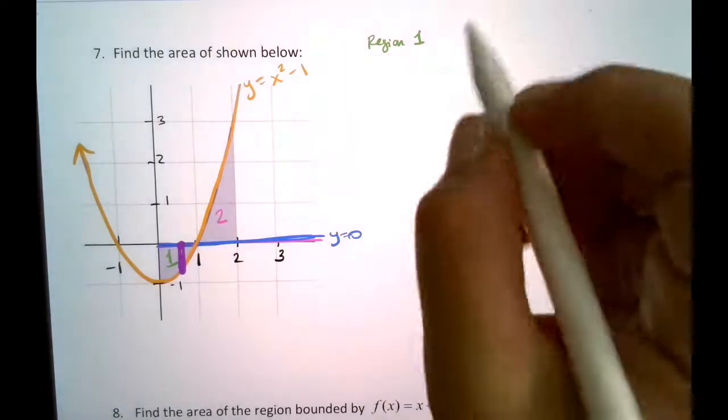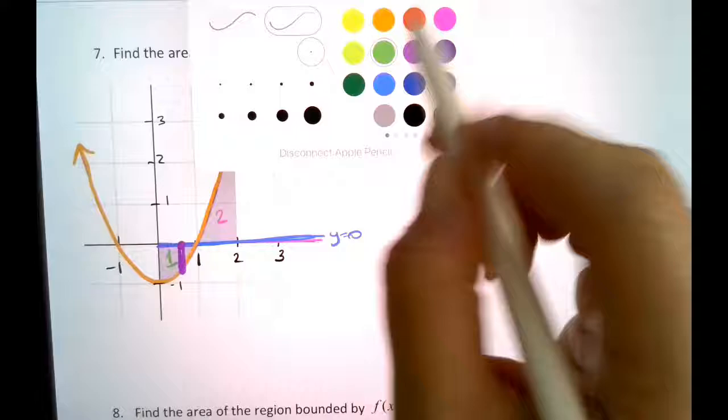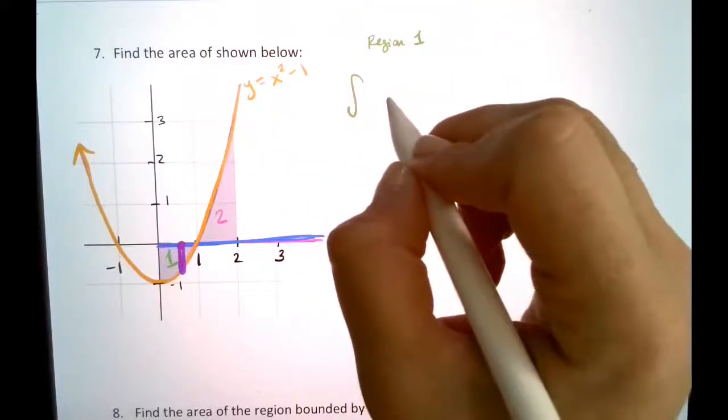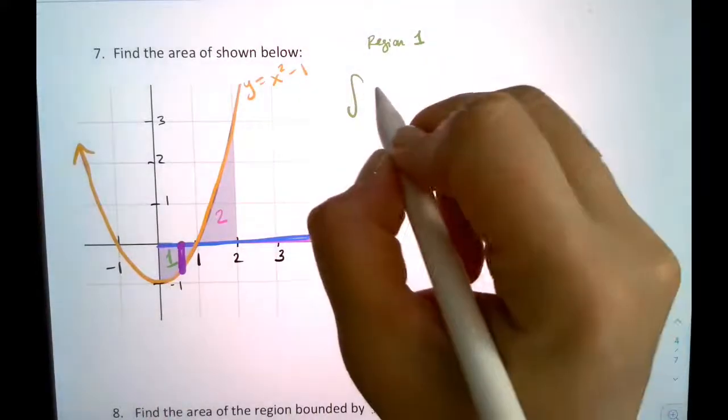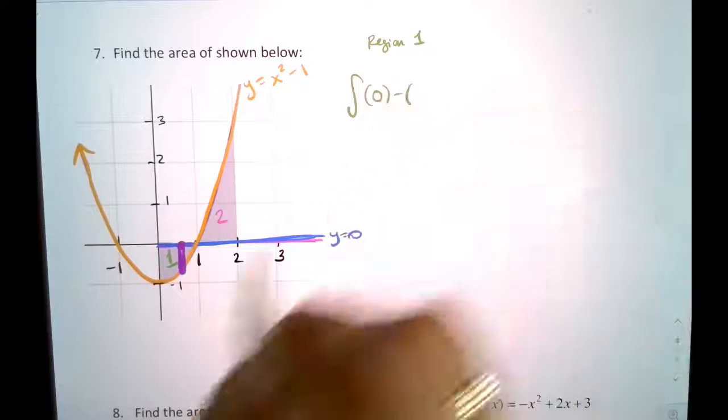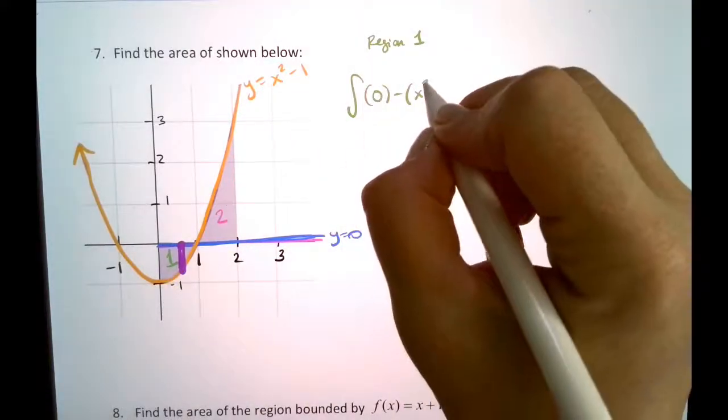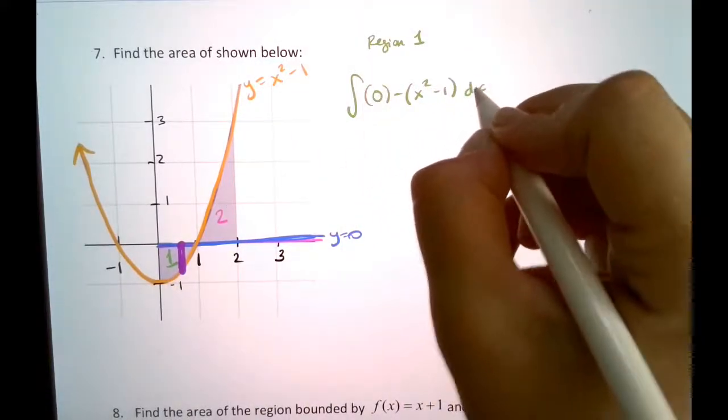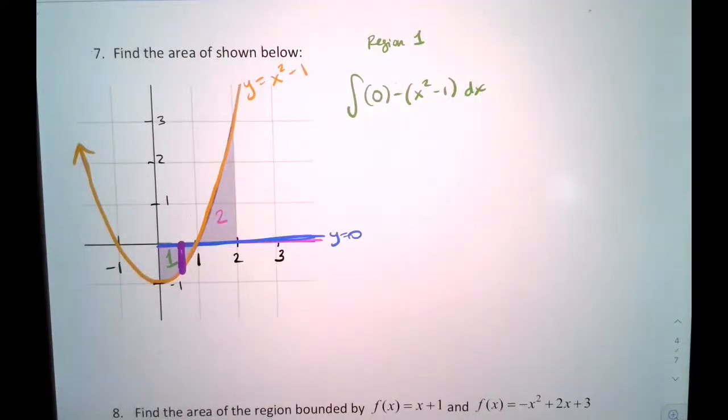I'm going to set up my integral here, and I'm going to say the top function is 0, and the bottom function is x squared minus 1. That's your top minus bottom. Now, limits of integration are going to come from the x-axis, because I see that little dx there.